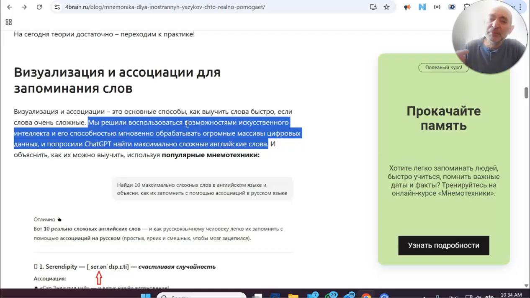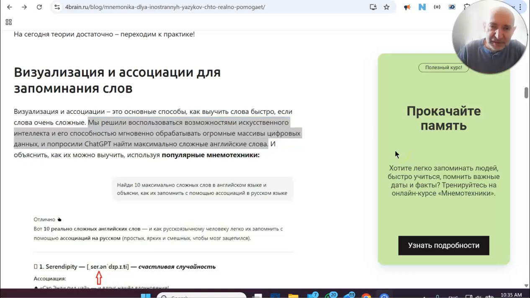Возможностями comes from возможности, which is abilities. Искусственного интеллекта comes from искусственный интеллект. Искусственный means artificial. Intellect means intelligence, so that's AI for you. Искусственный интеллект. И его способностью. So способность means ability. Его here relates to the AI.